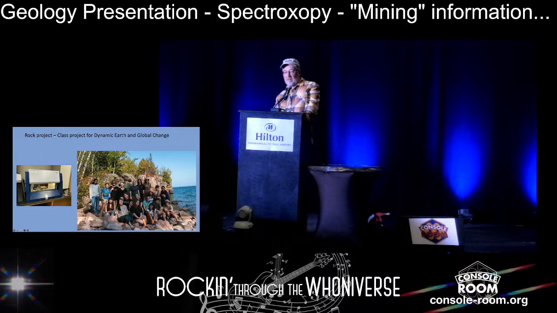This is our class, Dynamic Earth, which is basically the equivalent of physical geology. We tell them about the project ahead of time to collect some samples, and then we bring them back and analyze them. Usually we start with the micrograph. Often that's enough, and students will base their whole story on just results from the micrograph.